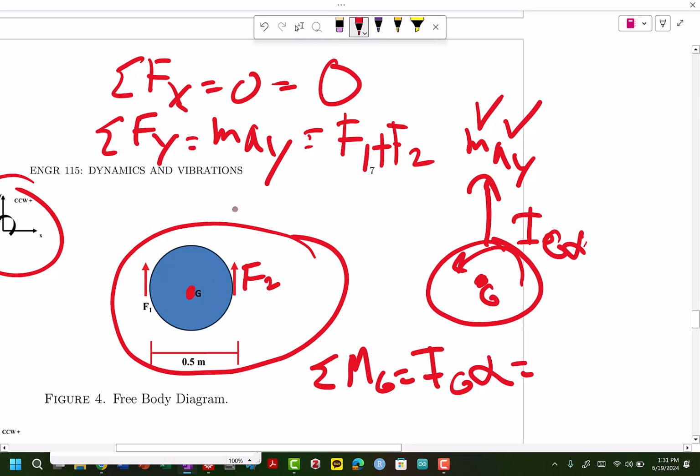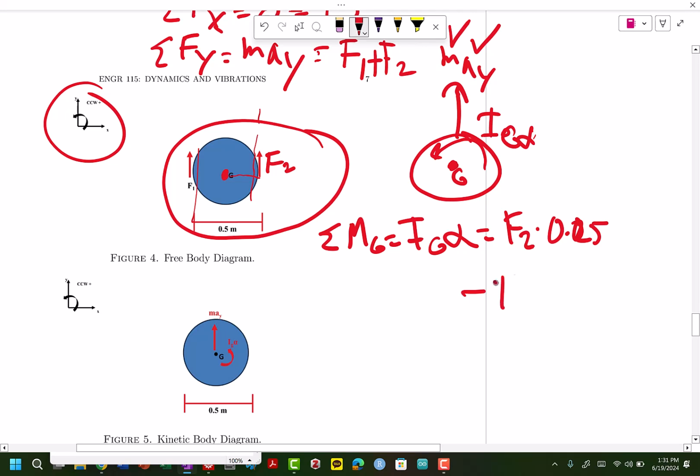The line of action here and here has the same perpendicular distance, so this is going to be plus F2 times 0.25, minus F1 times 0.25, and we got it.